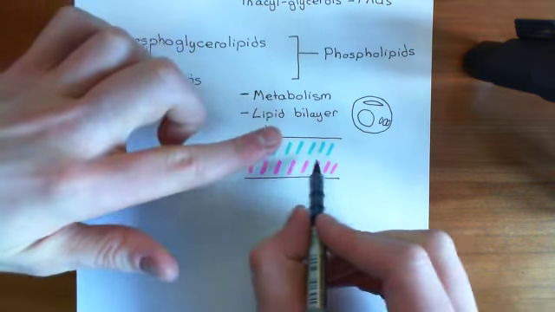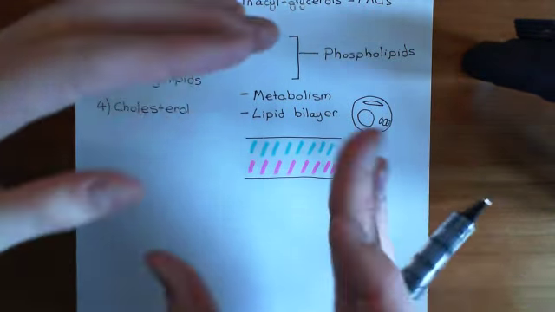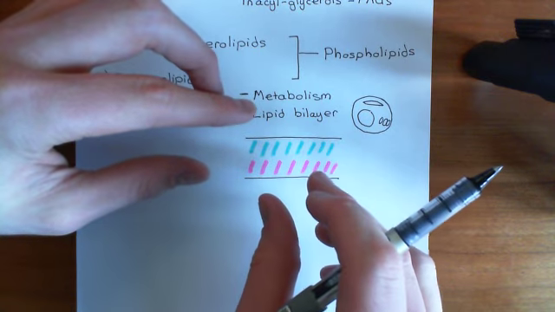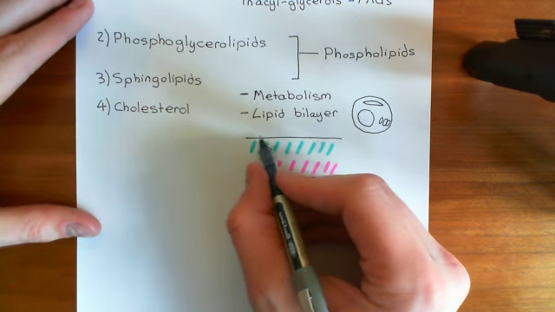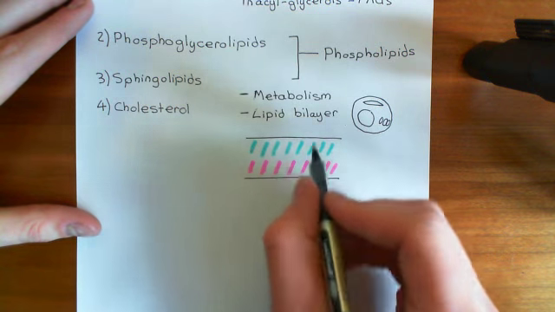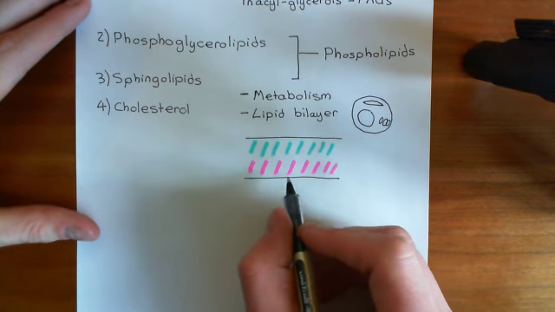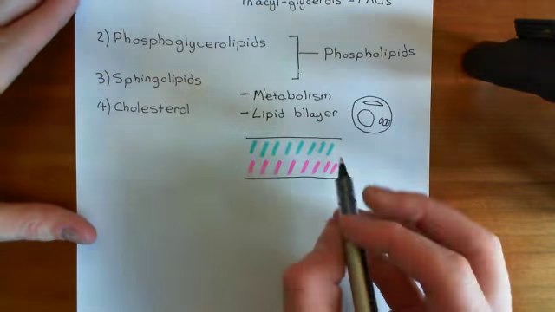The hydrophobic portions from each of them interact very nicely with one another, and then they often have polar groups which face out into either the extracellular fluid or the cytoplasm. So those will face out towards the water.